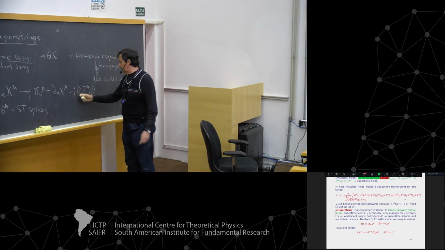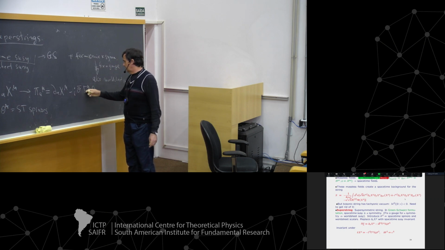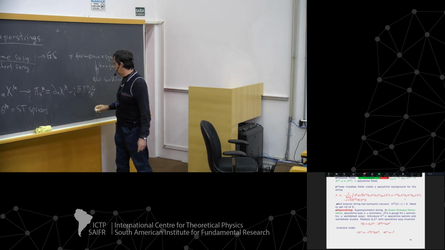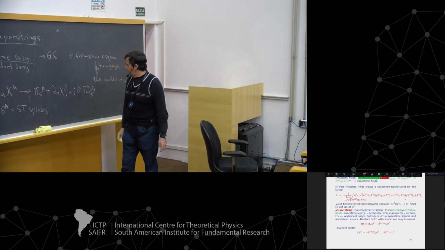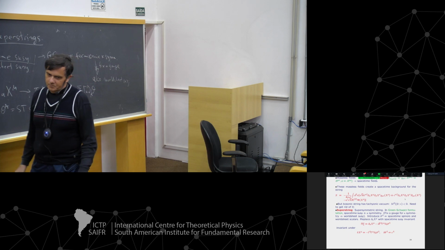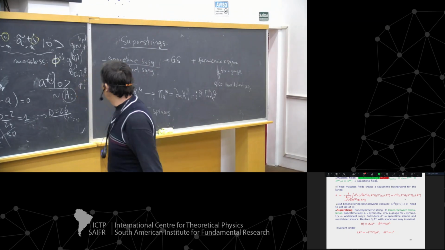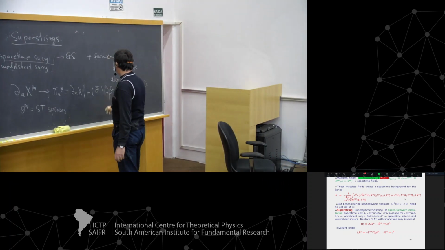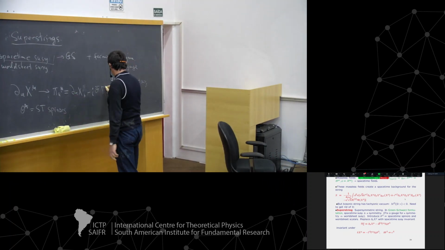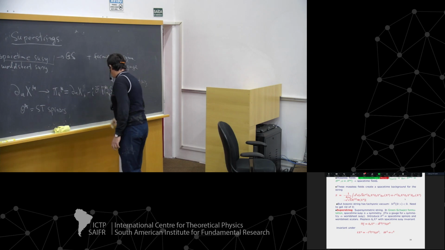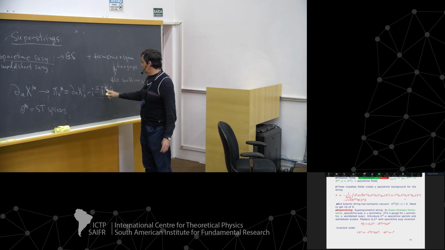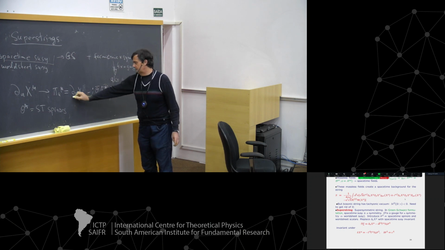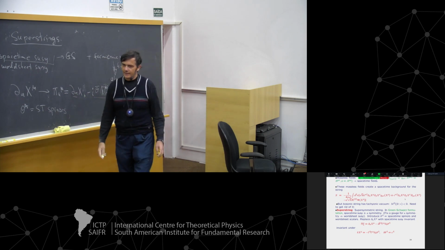So two fermions give you a boson. Gamma A gives you the index A. Oh, sorry, no, this is dA, and gamma mu gives you an index mu, and the covariant derivative has to be acting on the field.